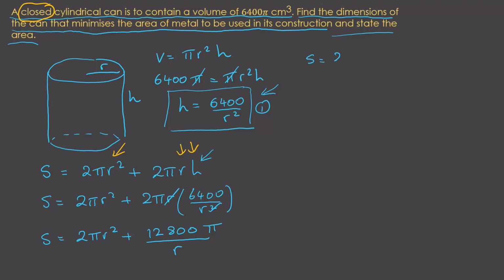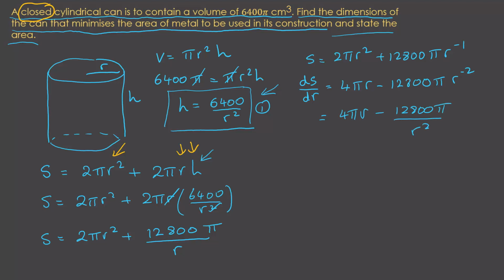And therefore S is equal to 2 pi r squared plus 12,800 pi r to the negative 1. So we want to minimize that, so we need to do dS dr. And that is going to give me 4 pi r, take away 12,800 pi r to the negative 2, which is 4 pi r, take away 12,800 pi over r squared.